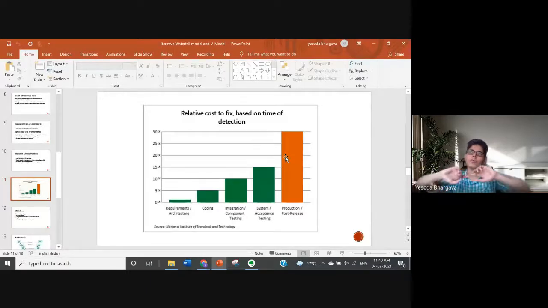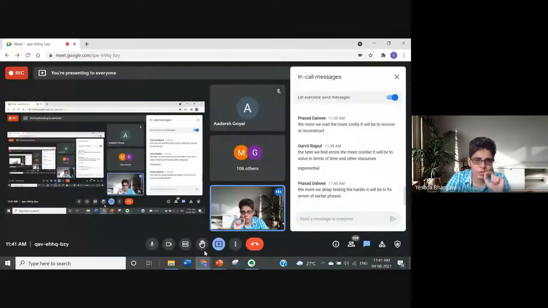So what would be your ideal plan knowing this plot? What would be your ideal approach for testing if you want to minimize the cost associated with fixing the errors? Based on this plot, what would be your strategy?